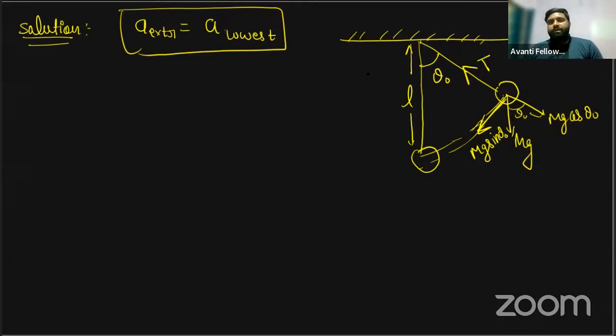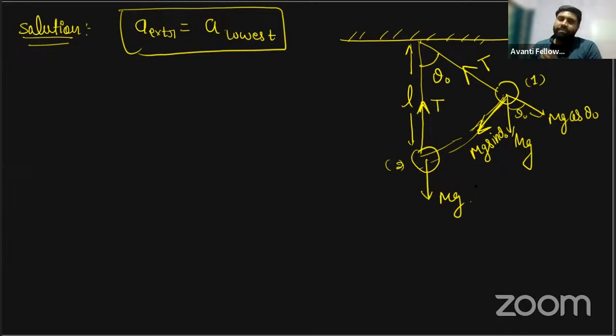Now, if you closely analyze these two positions, first is the extreme, second is the lowest. In the lowest position, there will be a tension and mg is the force. Now, at the extreme position, the force responsible for the movement of this bob is mg sin theta.